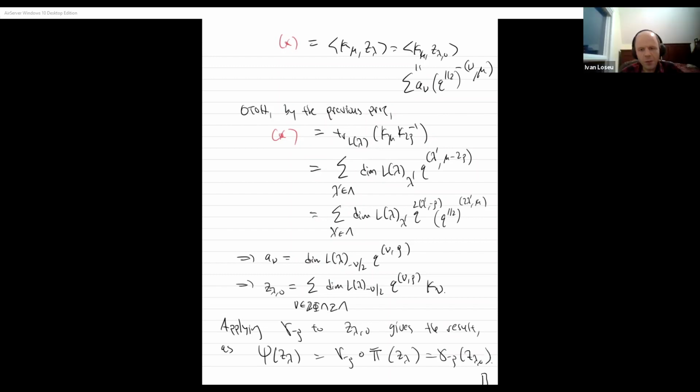So in other words, the purpose of gamma minus rho is to cancel this q factor. Exactly. Right, we want to eliminate this.